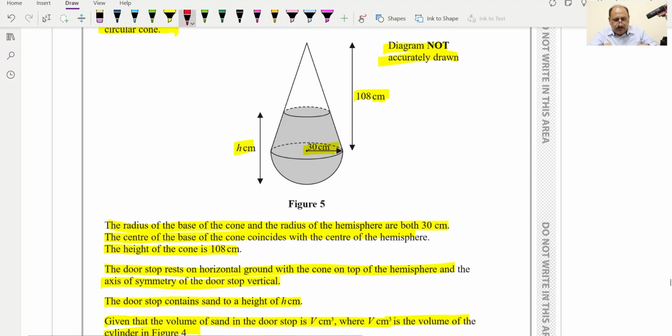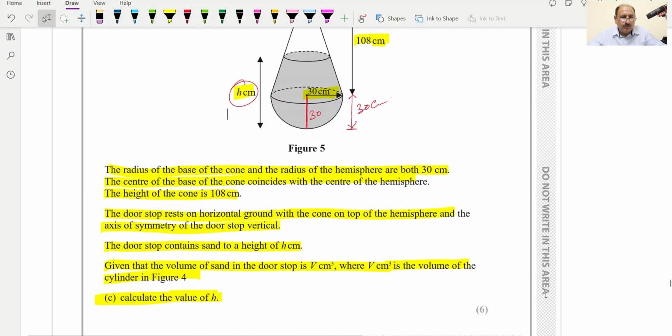Keep in mind this is also radius, and radius is 30 centimeter. So it means that the total shape, this one, will be up to this one. So this is 30 centimeter also. Now we need to find this h value basically.